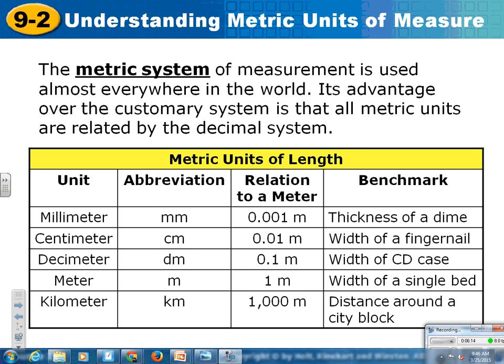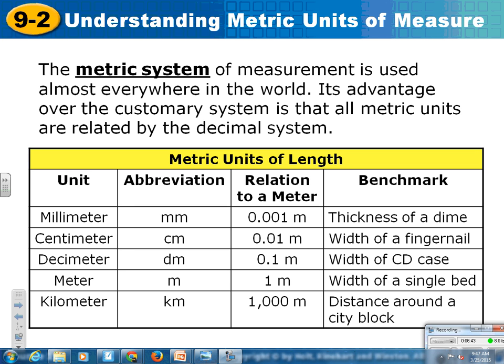A decimeter is basically from here to here. How many decimeters do you think are on this thing? It's 10. And this is obviously 1 meter. A decimeter is about the width of a CD case. It's close. And a kilometer is getting close to a mile, not quite a mile.